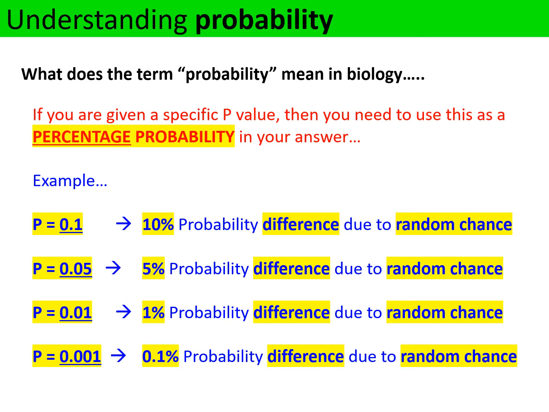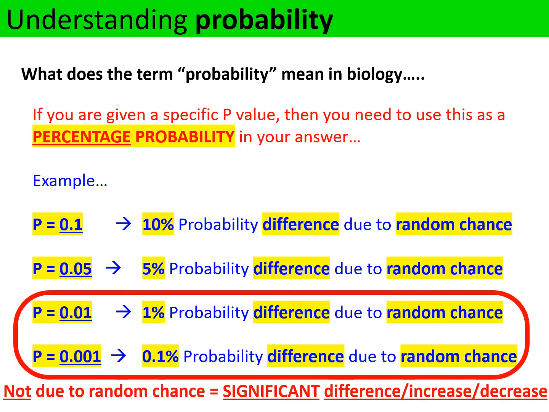Now, it's really important that if you've got two mean values, for example, that you say, in this case at the bottom, a highly significant decrease between mean A and mean B, or you could say a highly significant increase between mean A and mean B, depending upon, obviously, which is the higher value of the two that you're comparing together. So you can see at the bottom there, we've got two p-values, 0.01 and 0.001.